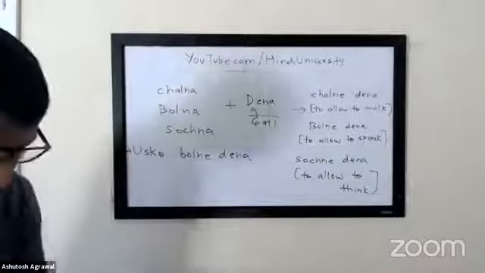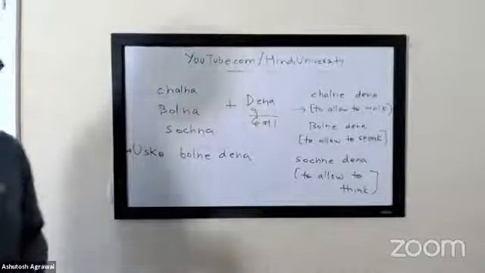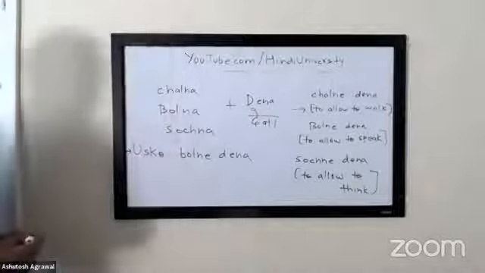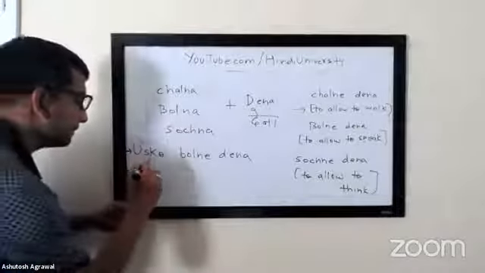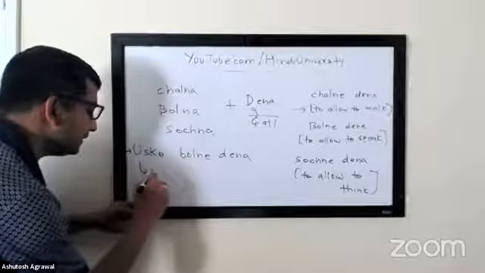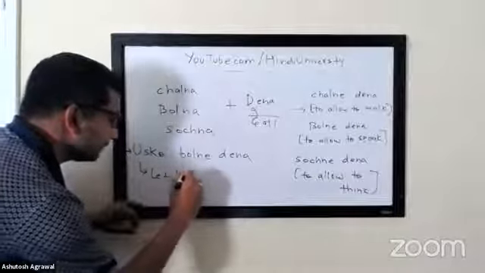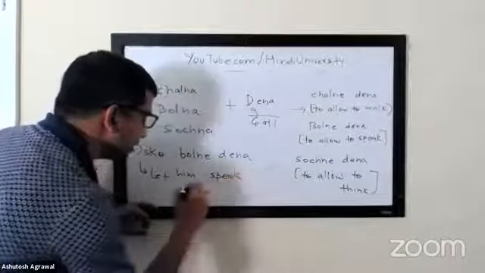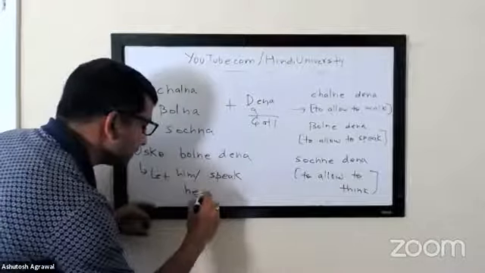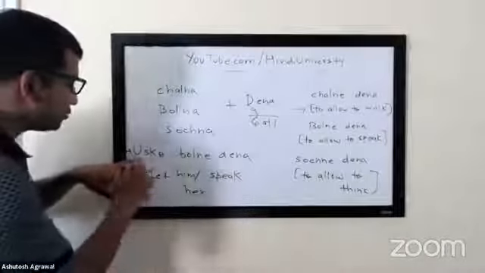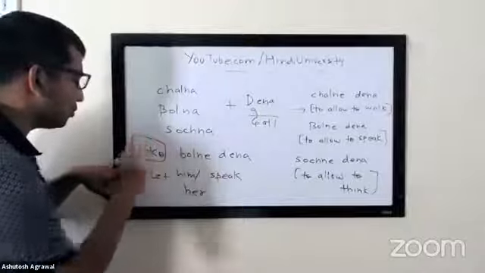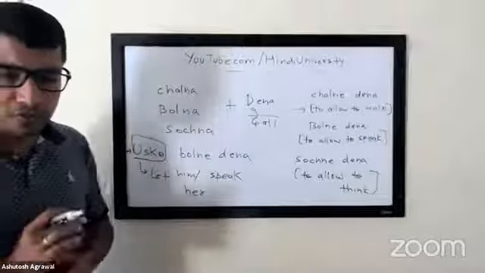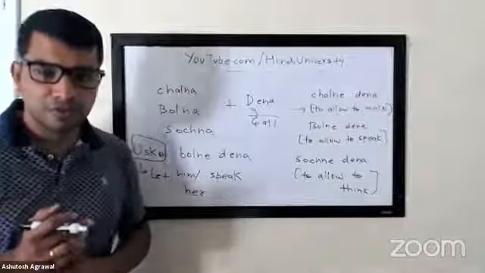Okay. Usko bolne dena. Yirka, what do you think it means? Usko bolne dena. It means let him speak. Very good. Let him or let her speak. But tell me here, why did I use ko? I remember a sentence that you told before a while.